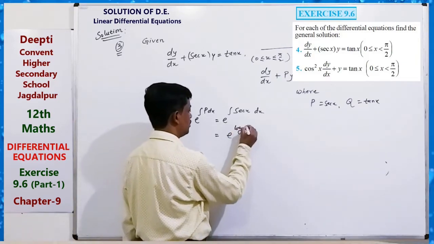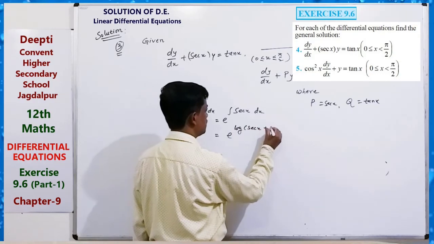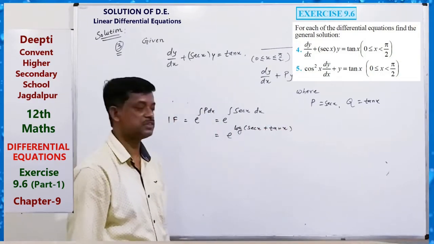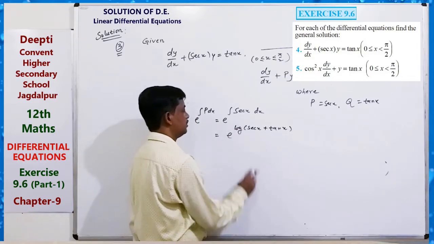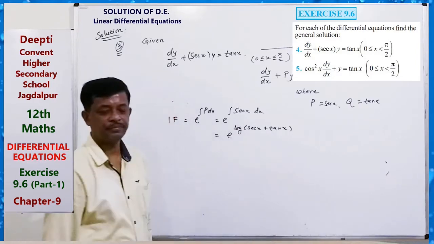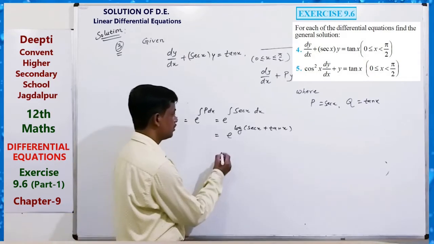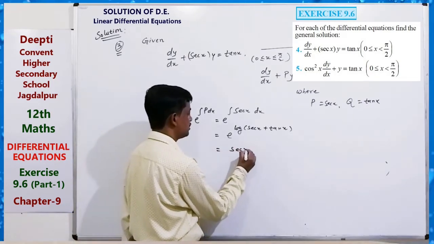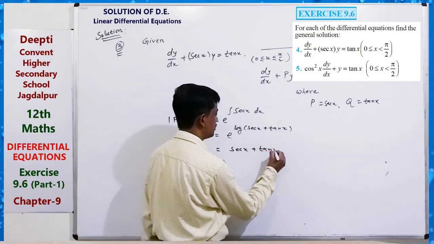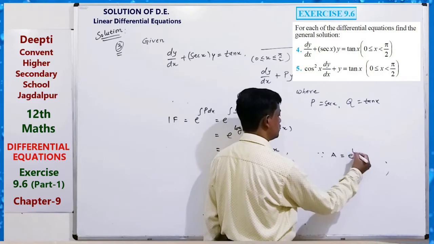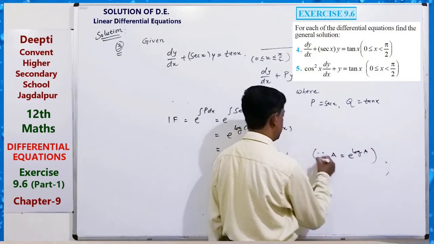So IF is sec x plus tan x, since a equals e to the power log a.